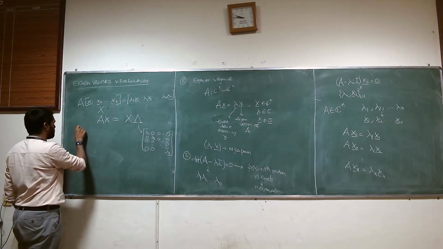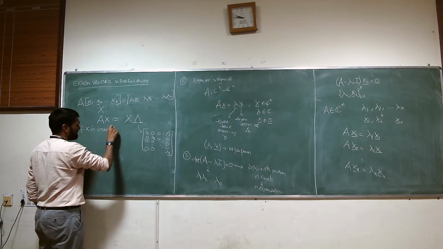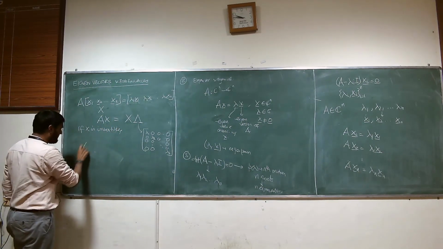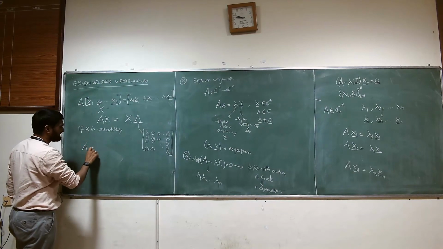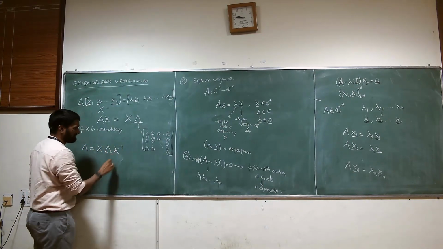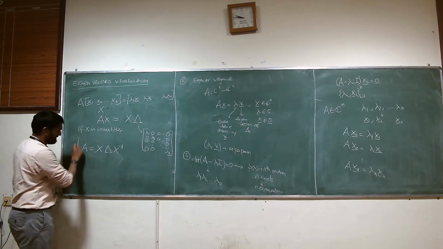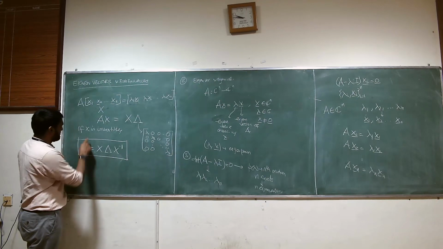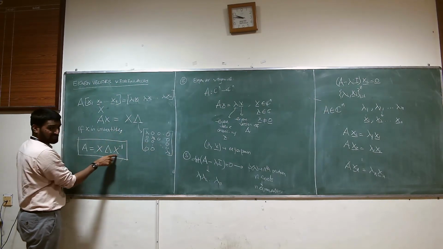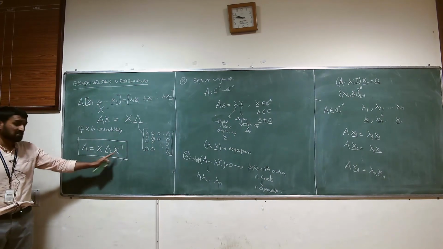Let's say X is invertible, then you can write A as X times lambda times X inverse, only if this condition is satisfied, that is, X inverse does exist.